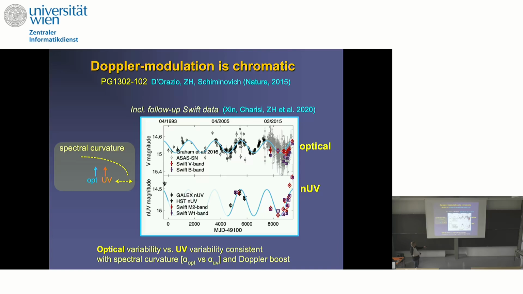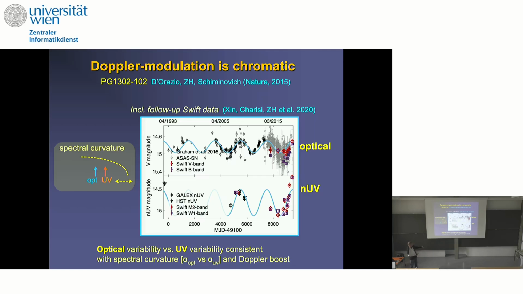So we claim in this paper that was in Nature that this is an example of one of the periodic quasars in the optical. This is its 20-year light curve. It looks periodic. This is UV data. It looks a bit sparse, from Hubble Space Telescope and other instruments, GALEX, Swift, and it looks consistent with the same modulation.